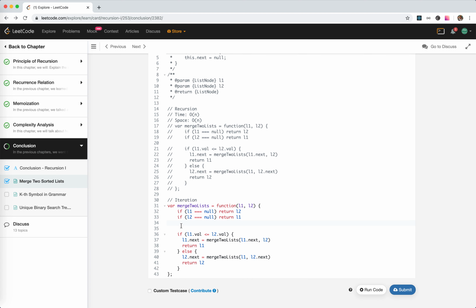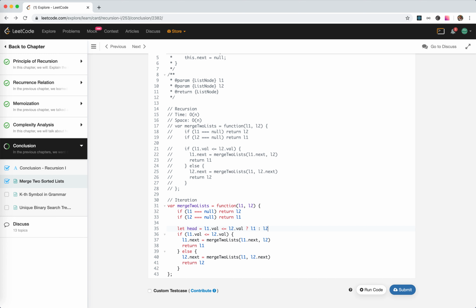So let's say head equals L1 if L1 val is smaller than L2, and we use three pointers.